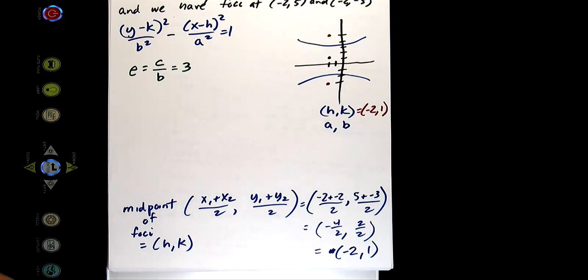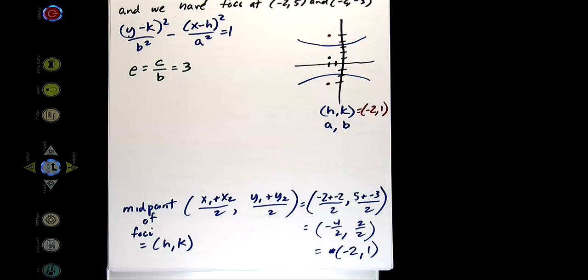With that piece of information, can I find C? Conveniently, this doesn't change between ellipses and hyperbolas.